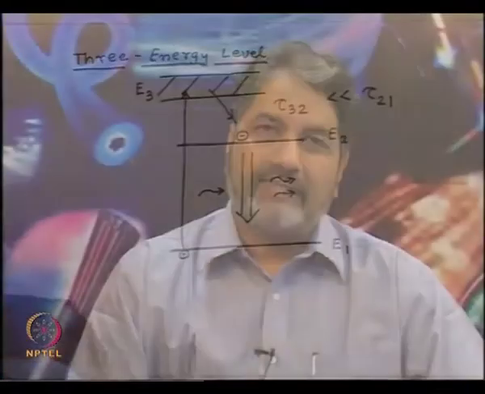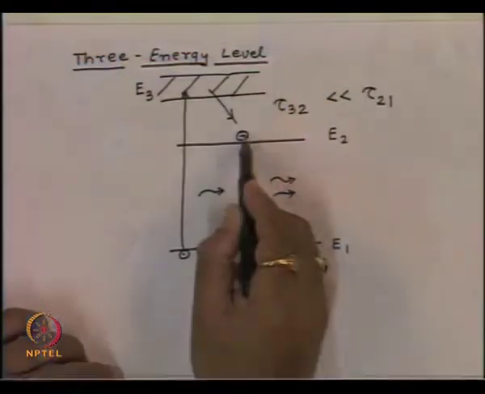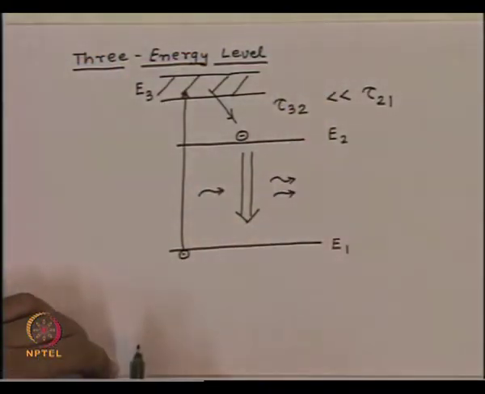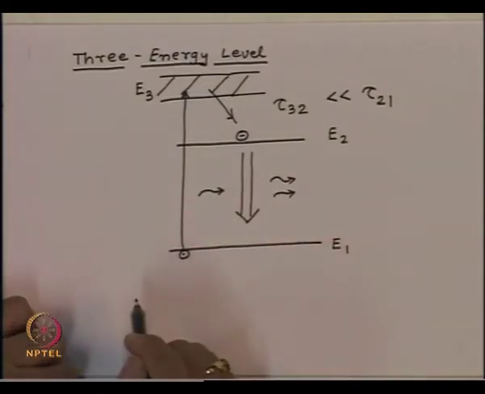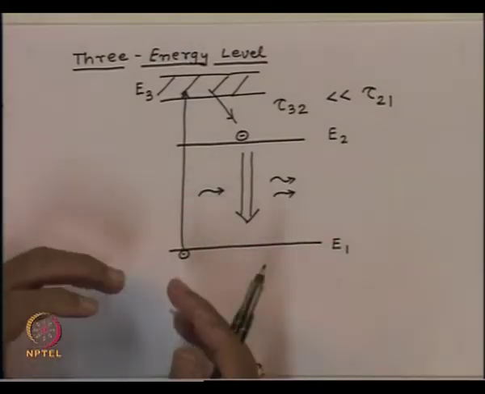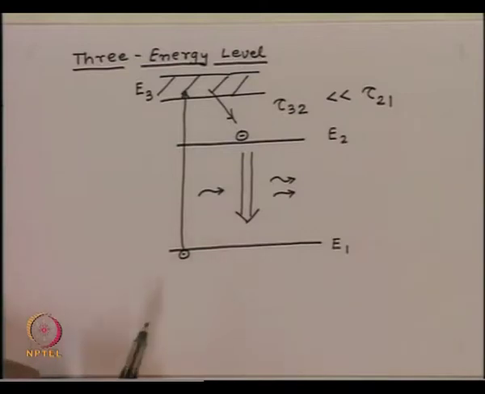However, you will see that even the 3 level system will not work very efficiently in practice, and the reason is very simple. Even if the electrons are accumulated now at this region here, when this photon comes, as we saw, the probability of interaction of this photon with this electron is equal.